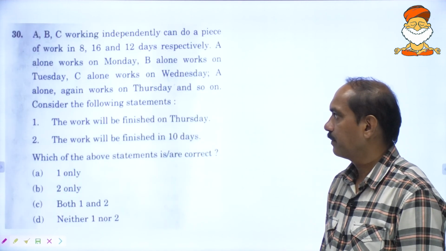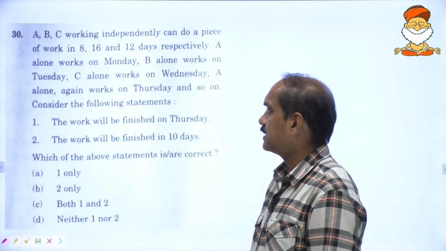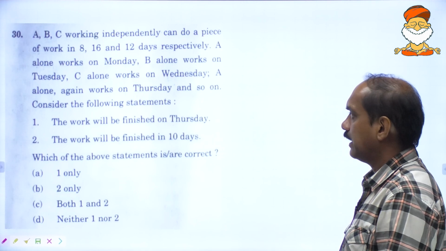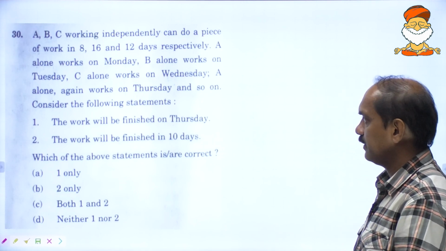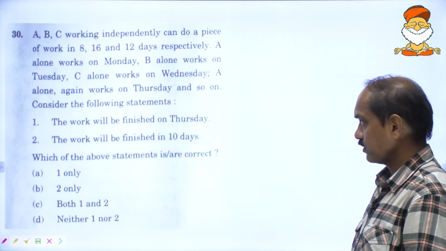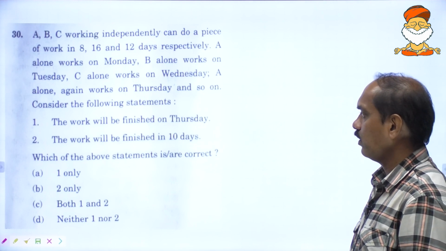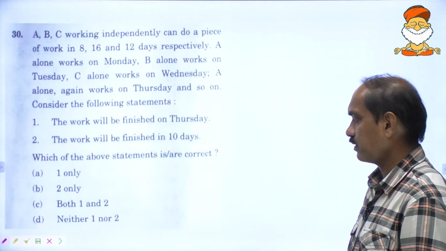Moving on to the next problem. This is a problem on time and work. A, B, C working independently can do a piece of work in 8, 16 and 12 days respectively. A alone works on Monday, B alone works on Tuesday, C alone works on Wednesday. A alone again works on Thursday and so on.